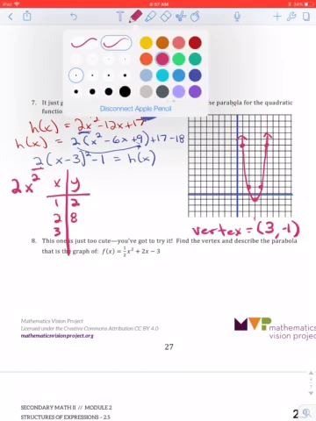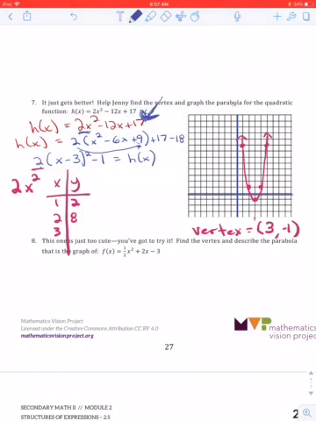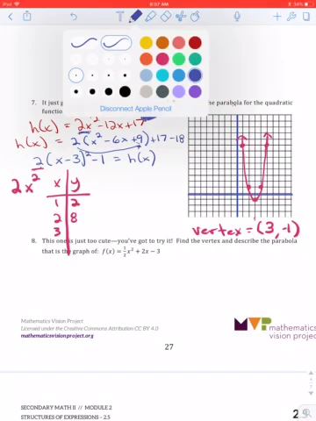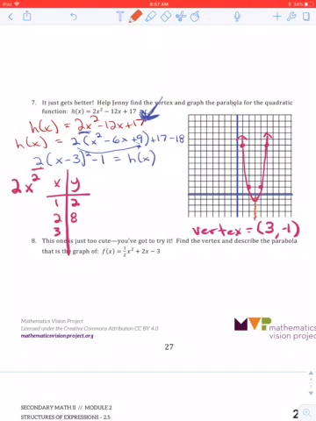Its axis of symmetry. Let's use orange. Its axis of symmetry is x equals 3.